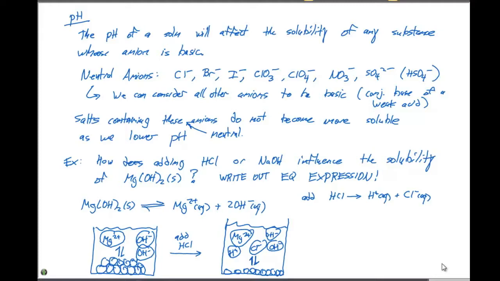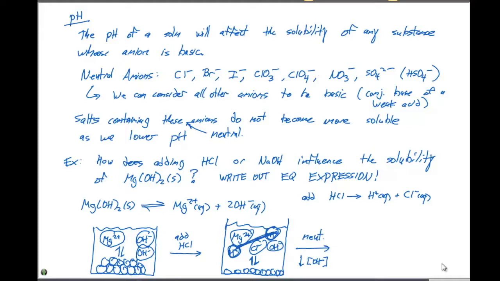If you have an H+ ion, which I've drawn down here, and an OH- ion, they're going to neutralize each other and form water. So we have this neutralization reaction taking place, and in that reaction we are taking OH- ions out of the solution. So the concentration of OH- is going to drop.